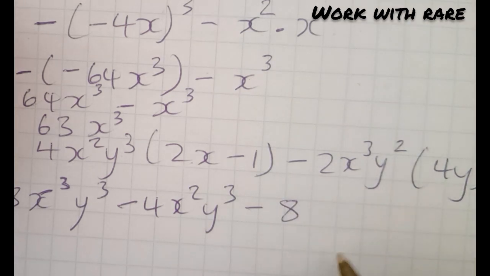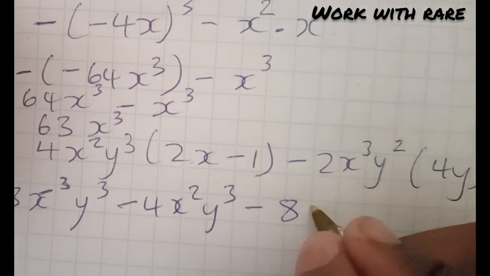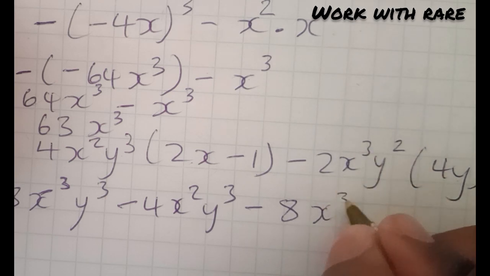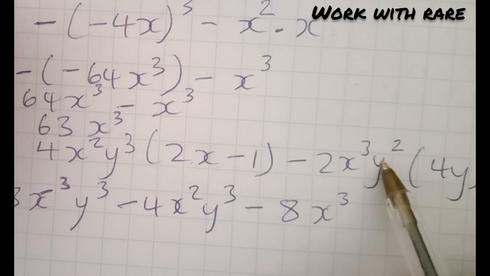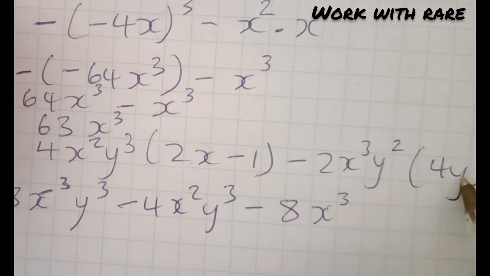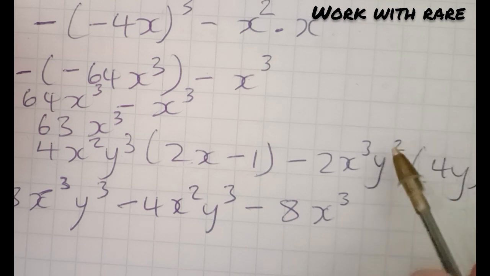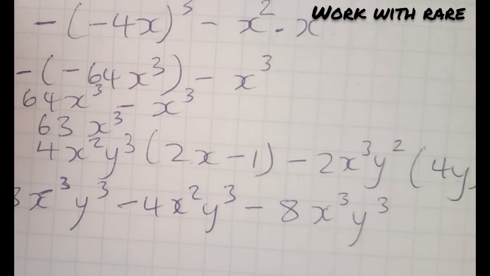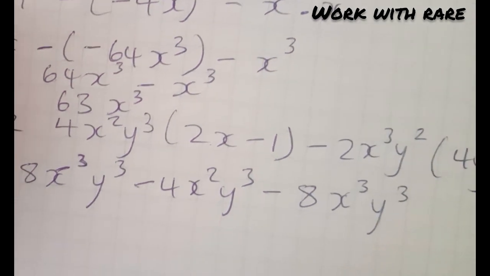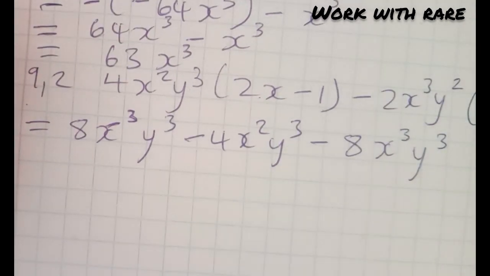Here we don't have x, so we'll take only this x to the exponent 3. Y to the exponent 2 multiplied by y to the exponent 1, we'll add the exponent, so it will be 2 plus 1, which is 3. So here we'll have y to the exponent 3. Okay, so this one is 4 marks.